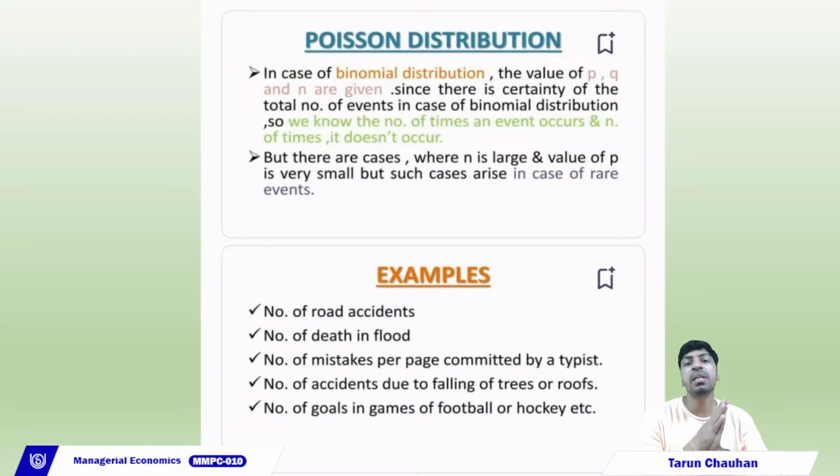In the binomial distribution we know the probability of both, but in the Poisson distribution the case is reversed.